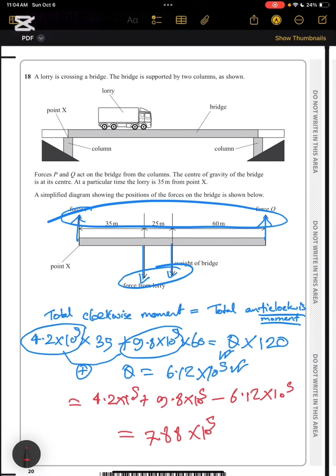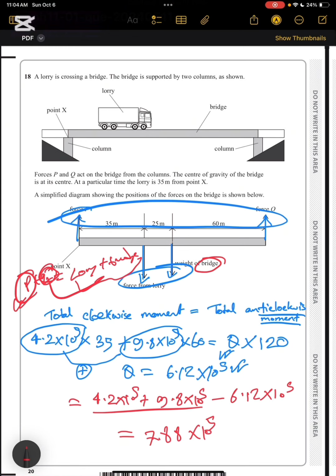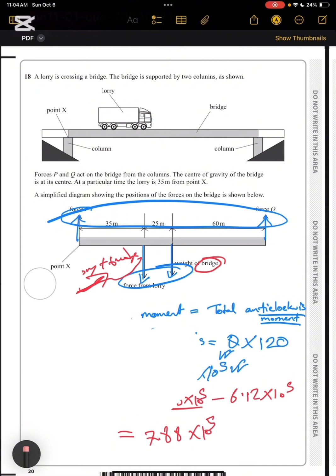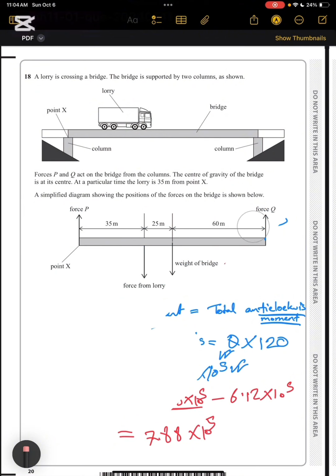Actually the thing is, the force P plus Q is equal to the force from the lorry plus the force from the bridge. So we have just added the force from the lorry plus bridge and subtracted the value of Q from that to find out this P. So we are done with question number A. So let's move forward to question number B right now.